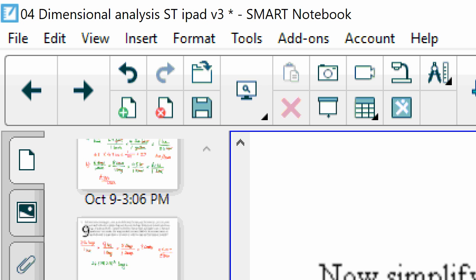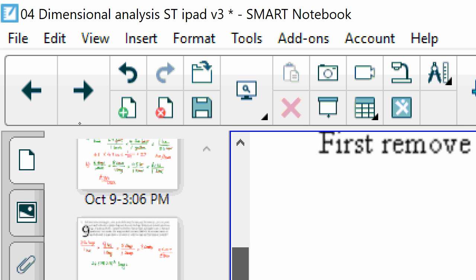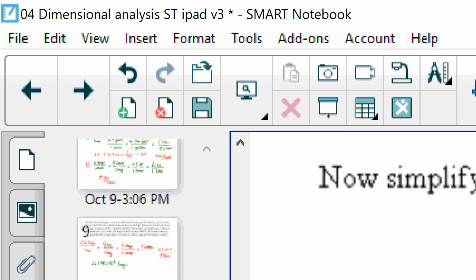ML minus 1, T minus 2. All three terms now. So we've got the first one, ML minus 1, T minus 2.